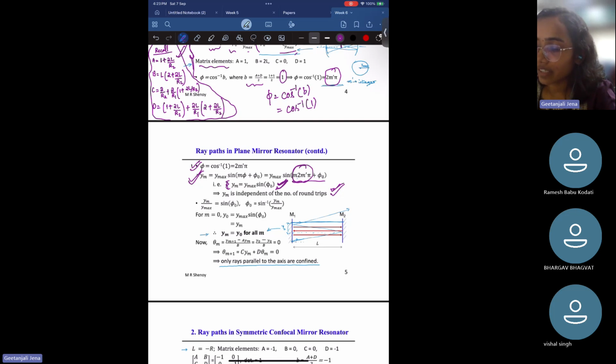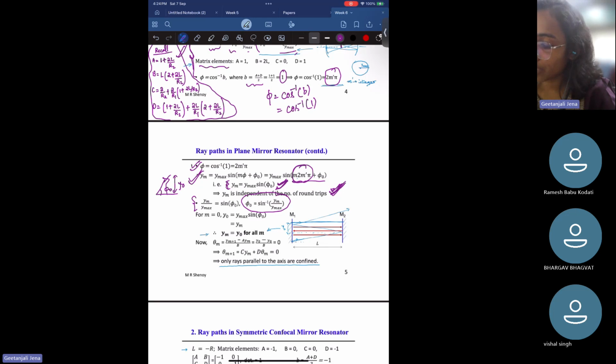So ym is independent of the number of round trips. If you want to find out the value of φ0, the initial angle that the ray makes with the axis, you initially started from this position, this is y0 and this is φ0. Then φ0 will be sin inverse of ym by y max.